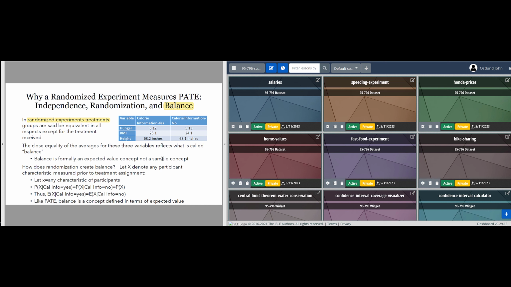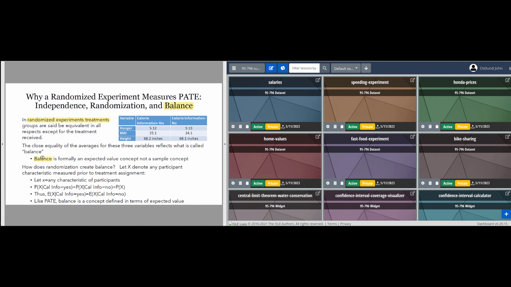And we want to discover, and we do discover this by analyzing the data after the study, that the treatment group versus the control group, that there's no particular difference in hunger levels, no particular difference in BMIs, no particular difference in heights, no particular difference in weights, et cetera, et cetera.